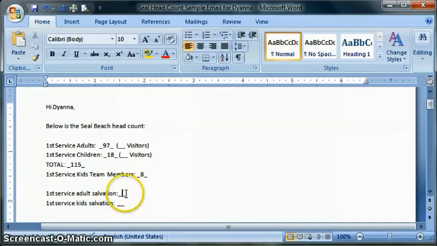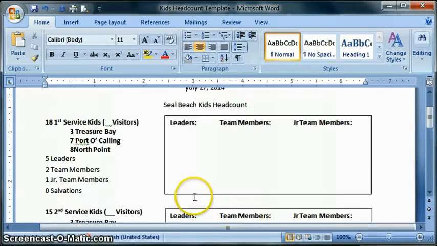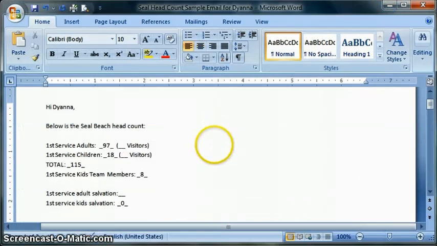We don't even put 0, we just leave it blank. Blank means that salvation count was not taken. 0 means salvation count was taken, but there was nobody that raised their hand. So there's a difference there between 0 and blank. That's important to remember.